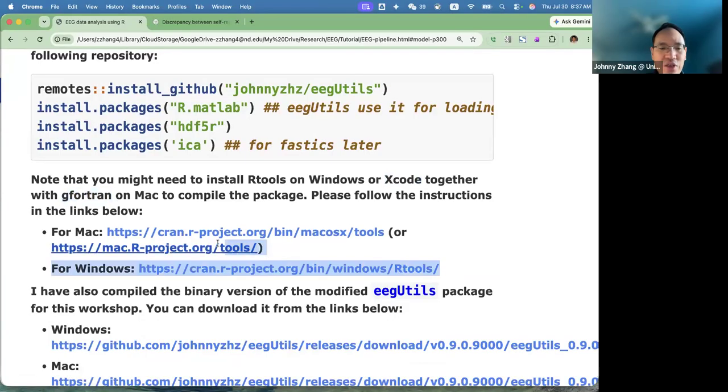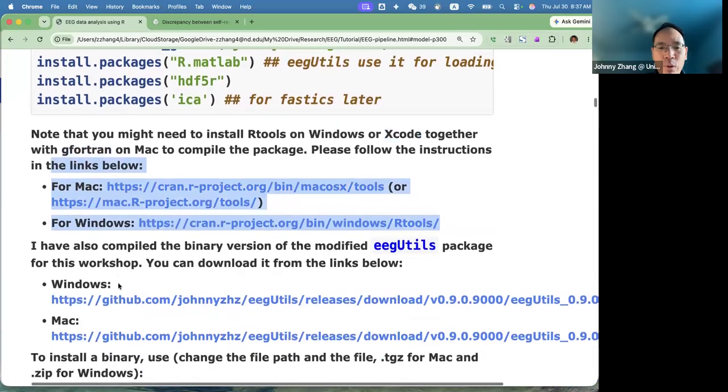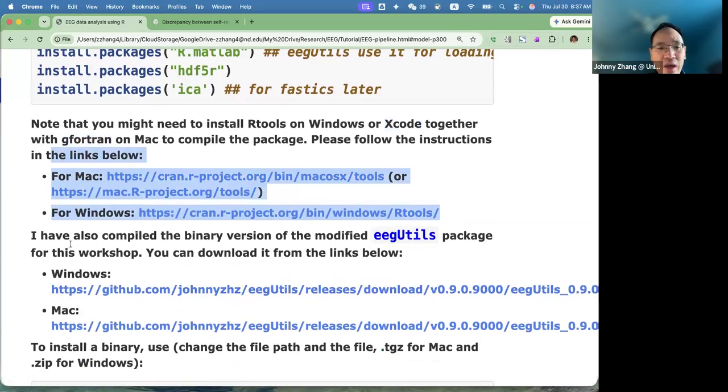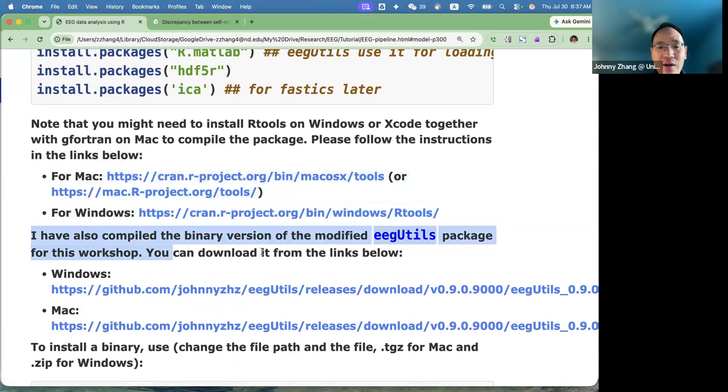So you can find the instructions and information on how to install Rtools and Xcode here, following the link. Okay. If you are using the latest version of R, I also compiled the EEG package into binary files.